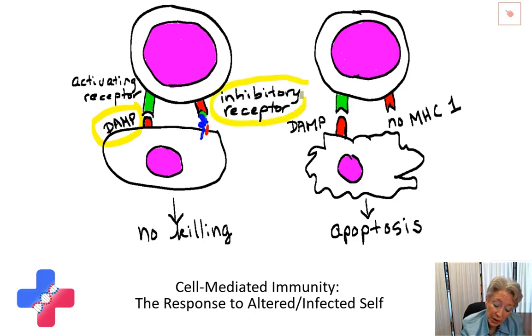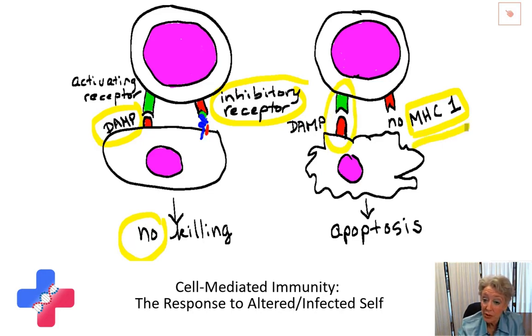The inhibitory receptor actually recognizes MHC class 1. So in the position where the inhibitory receptor sees class 1, even in the presence of the activating receptor, the NK cell will not kill. But if the presence of damage is reflected in the binding to the activating receptor, and the cell has stopped expressing MHC class 1, then the natural killer cell will deliver the signal that will induce the apoptosis in the target cell.